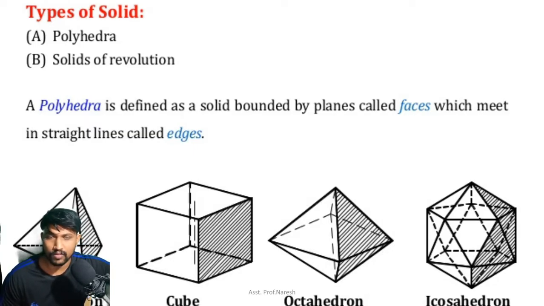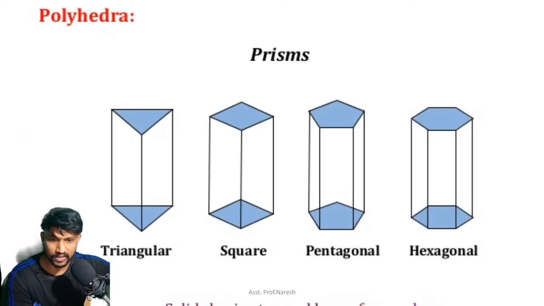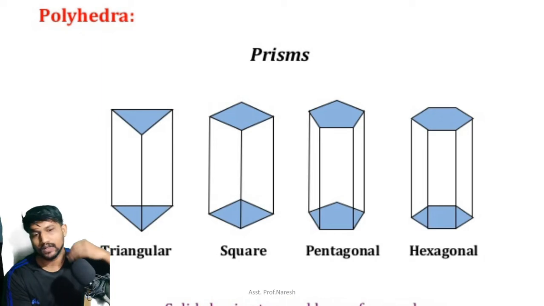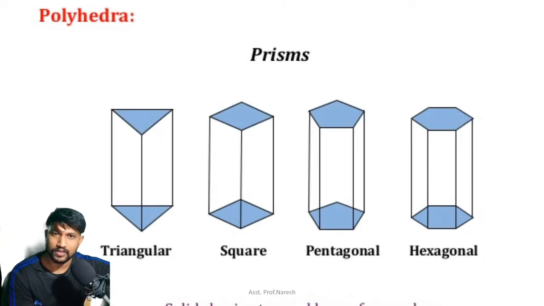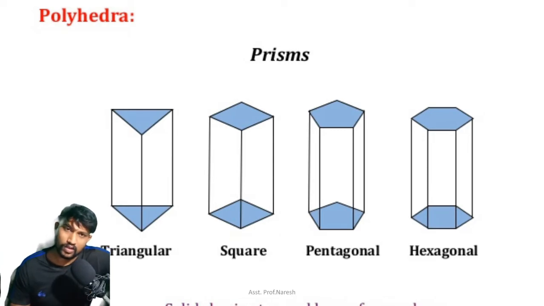These are some of the polyhedra that we have, and in these polyhedra there are certain classifications: prisms and pyramids. So what is a prism and what is a pyramid?